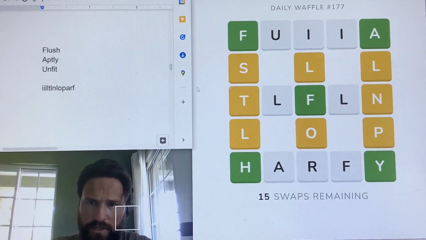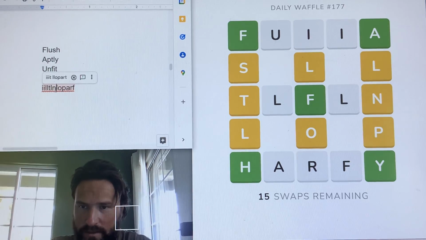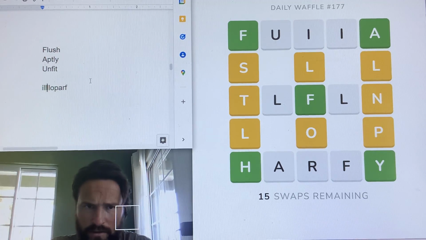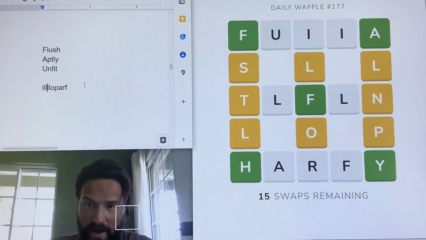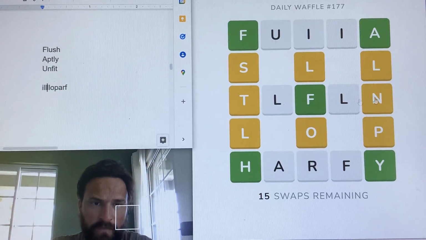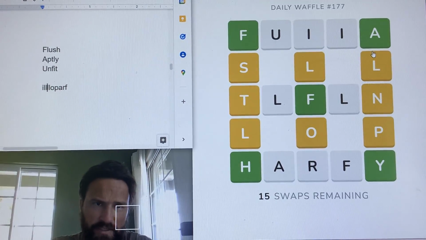Okay, flush, and then we had, so the U went here, unfit was N-I-T, so we'll take out an N, an I, and a T. Oh, we had 5 L's. I now have 4 L's in a row in my letter bank here. So T was here. This is aptly.